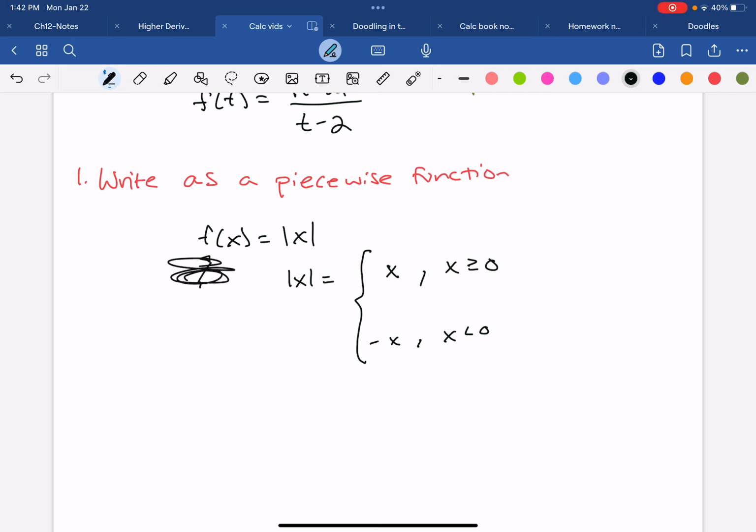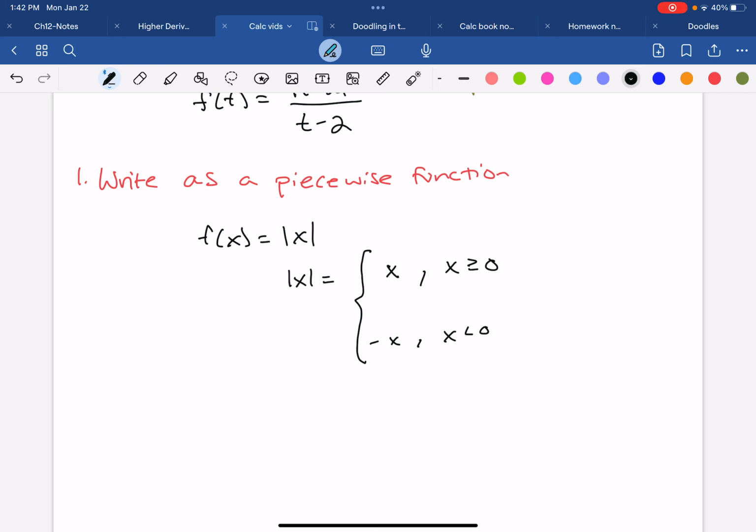But the values that you plug into this, you are able to plug in negative values from your x-axis. So we're talking about the domain here. We're not talking about the range. And so when we're talking about the domain here, we know that when x is greater than or equal to 0, it's positive. When x is less than 0, it's negative.